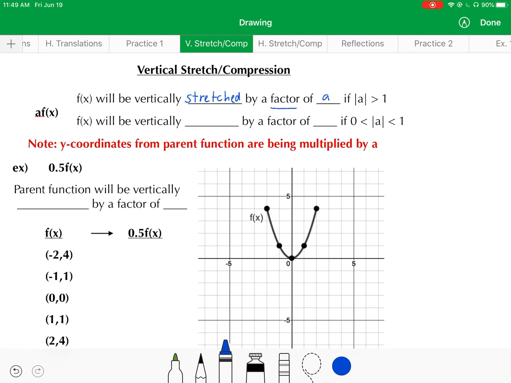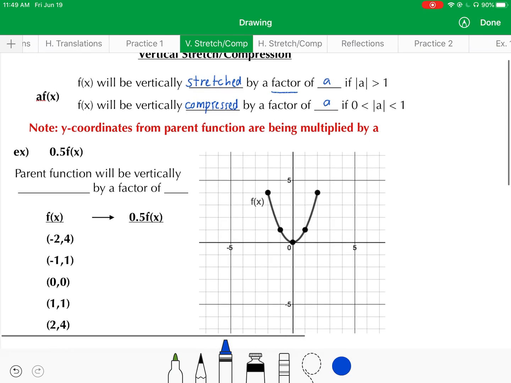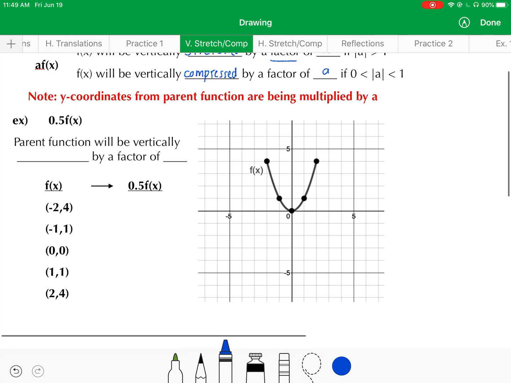Okay. Now, in the case of the absolute value of a being between 0 and 1, we just saw we would be vertically compressed by a factor of a as well. Okay. All right, so look at our example. We have 0.5 times f of x.